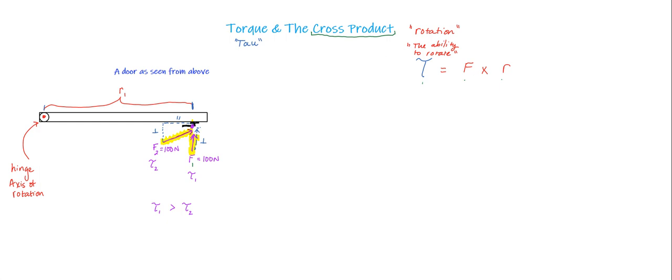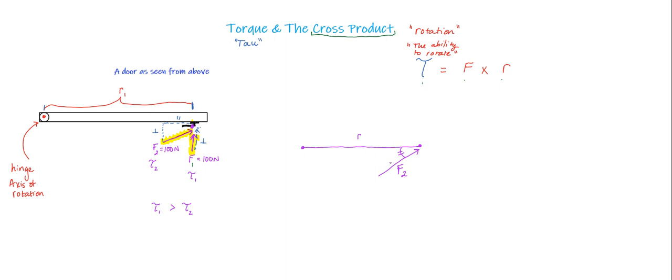So I'm going to pull the vectors out here separately. I'm going to say, here is this r vector, and I'm not drawing a direction on it yet. And then here's this f vector that looks kind of like this. Okay, so this was f2. And there's some angle between them. So I pulled out the door here. The door is no longer part of this scenario. It's just this r vector and this f vector.